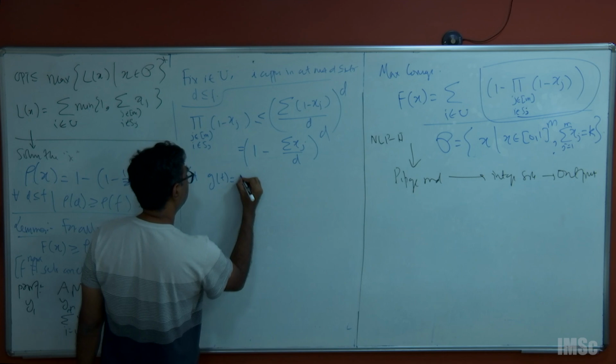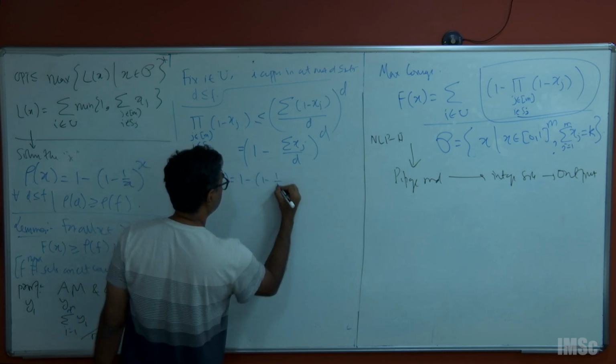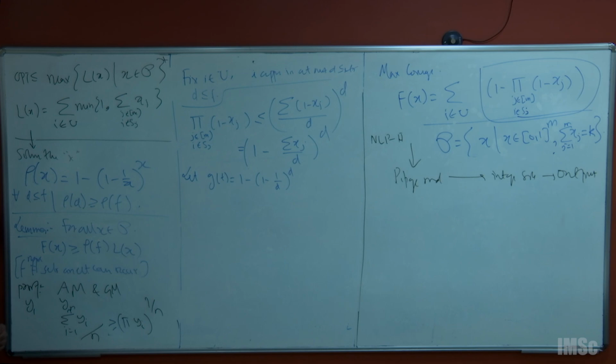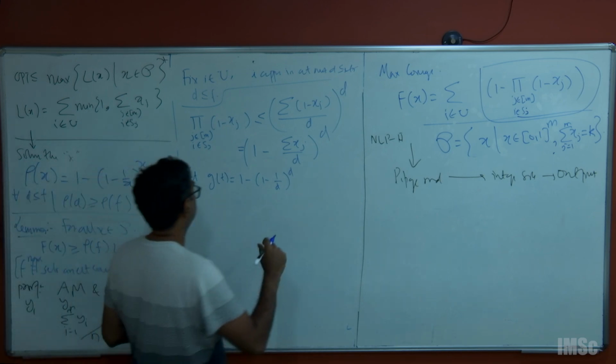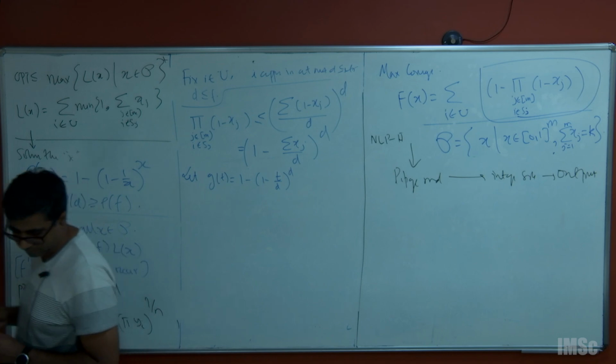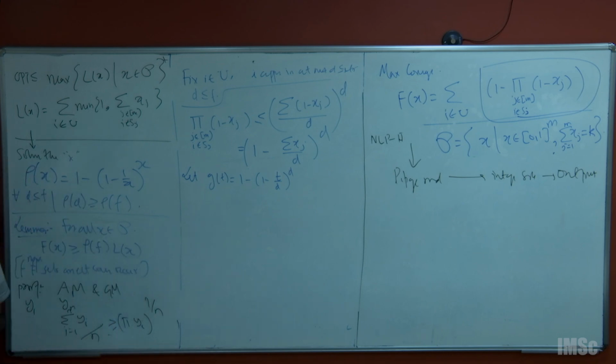Let g(t) equal 1 minus (1 minus t/d) to the power d. I am trying to prove this lemma.